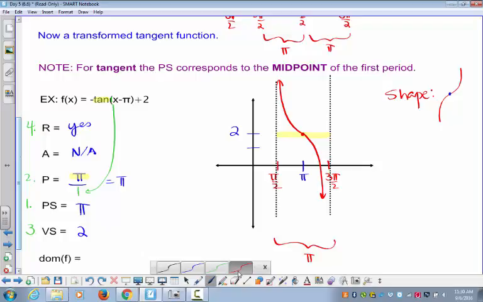If you want to indicate that it's flatter, this would be flatter, right? So that's less than 1. And if it's greater than 1, it's going to be steeper. It would look more like that. So that's if it is greater than 1.